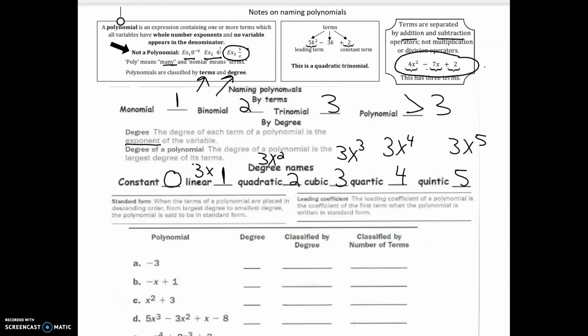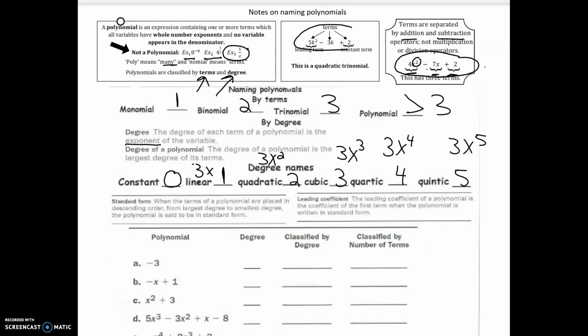Okay, so if you look at this example here, you are going to be calling this a quadratic. Quadratic because it is to the what? 2nd power. Trinomial because there's 1, 2, 3 terms, just like the example up here.